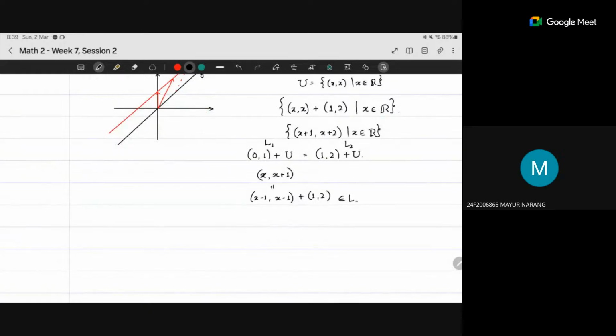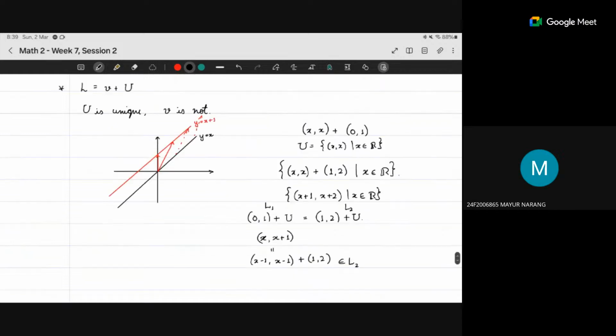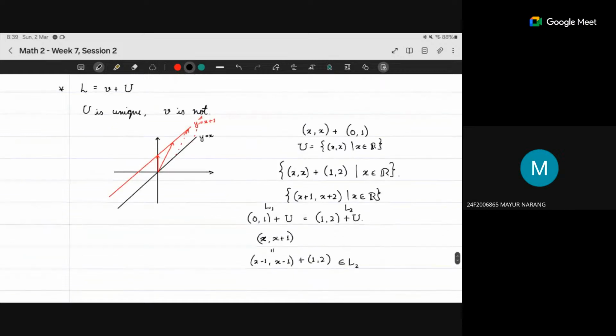So this actually belongs to L2. Every element of L1 is in L2 and every element of L2 is in L1. This is a formal way of proving it. But the upshot is that you can express an affine subspace using different representatives for the vector that you're adding.